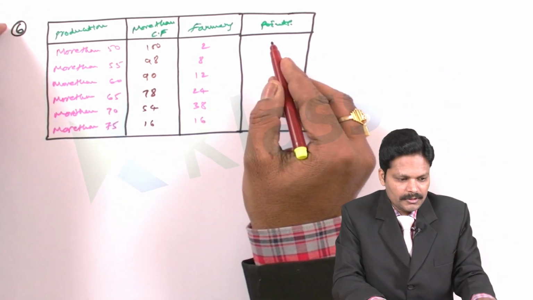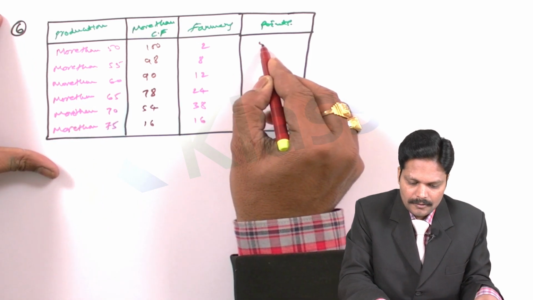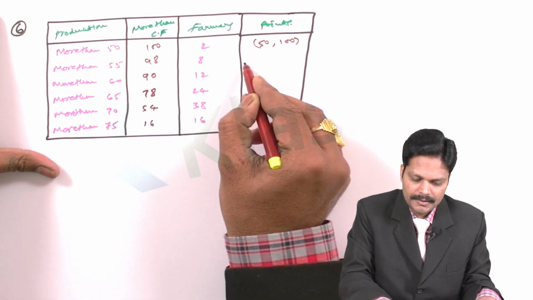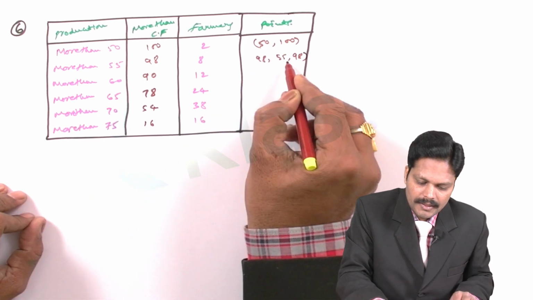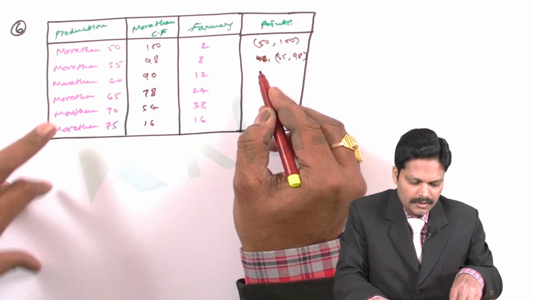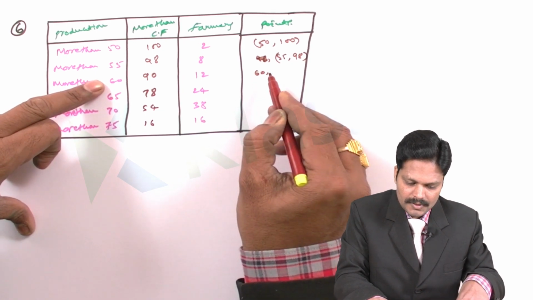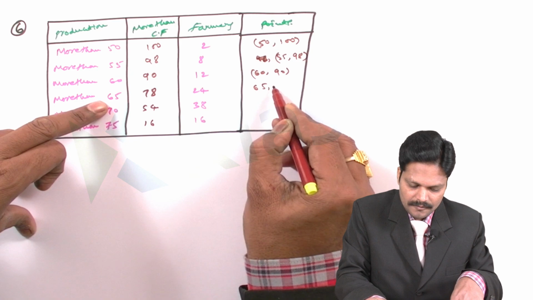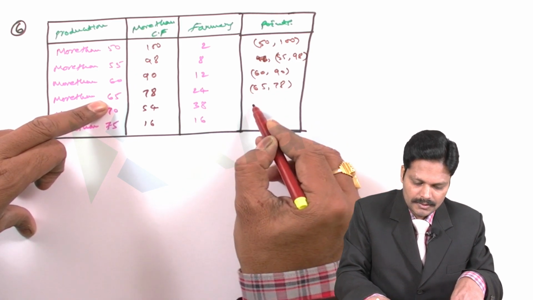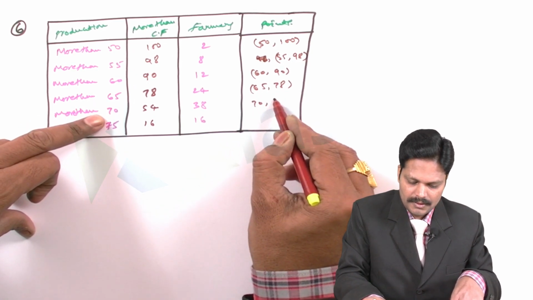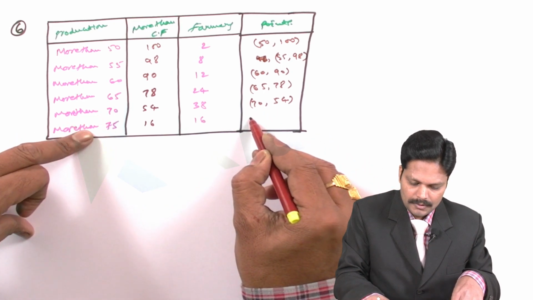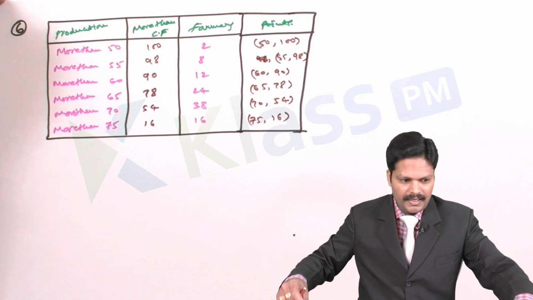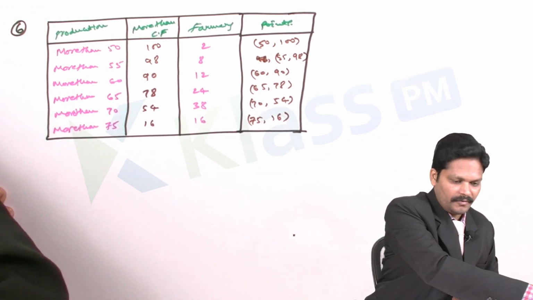So more than cumulative means we take the points 50 and 100, 55 and 98, 60 and 90, 65 and 78, 70 and 54, 75 and 16.